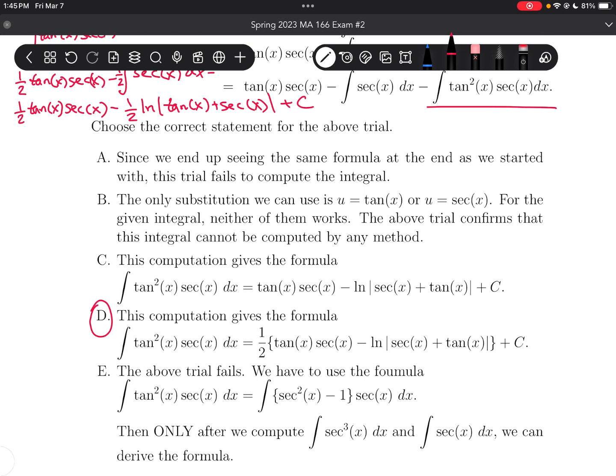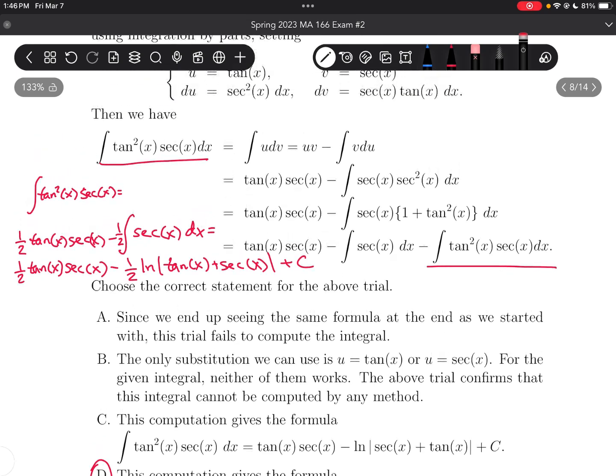Okay, and I think it's also worth going through why the other answer choices are not correct. So we can go through each one now. Statement A says, since we end up seeing the same formula at the end, they're talking about this term here that I underlined, the tangent squared x times secant x, this trial fails to compute the integral.